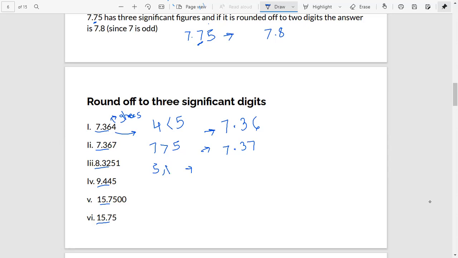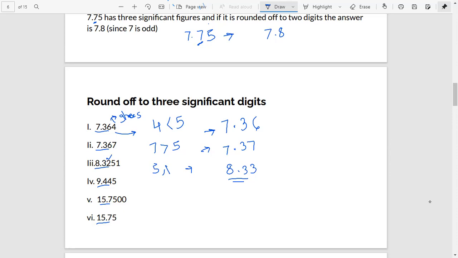In such a case, this has to be increased by 1. So 8.32 becomes 8.33. You would say that this 2 is even, then why have you increased it by 1? The reason is because this is 5 and 1.